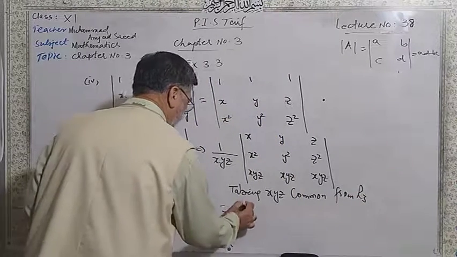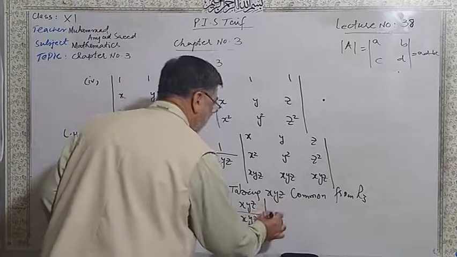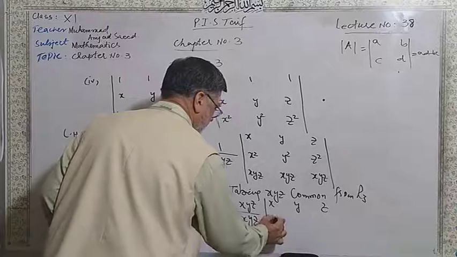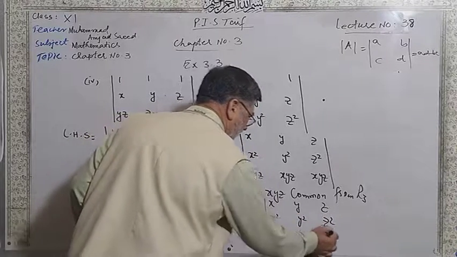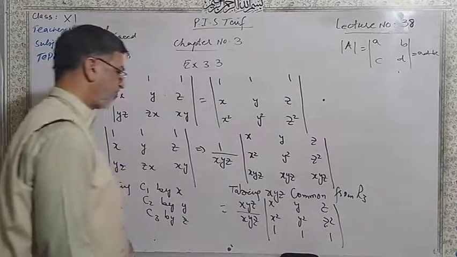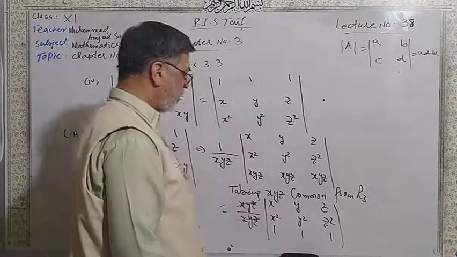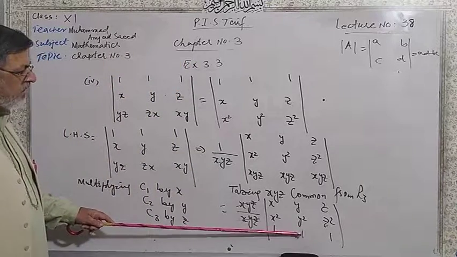We have xyz over xyz. This is x, y and z. X square, y square and z square. 1, 1 and 1. They are cancelled out. You can check this R3 is 1, 1, 1.